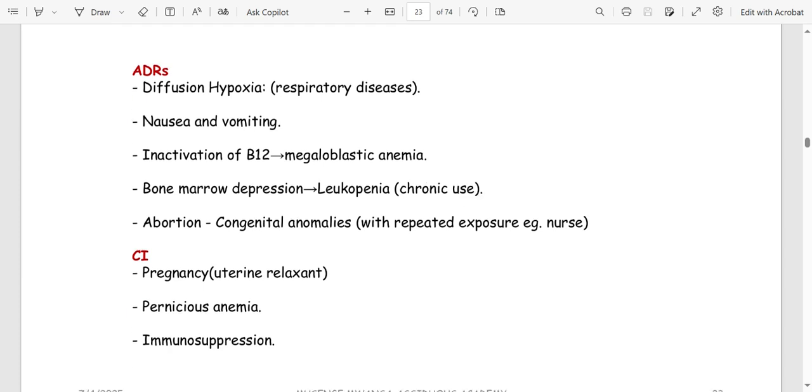So what are the side effects of this nitrous oxide? Diffusion hypoxia, which is a respiratory problem. There's hypoxia, really. There's that drop in oxygen. Okay. There can also be nausea and vomiting. Inactivation of B12.